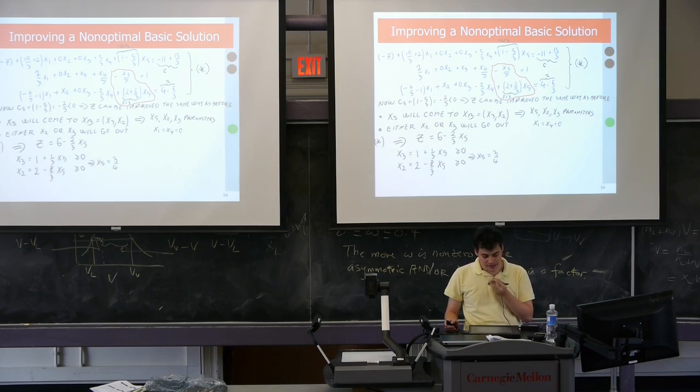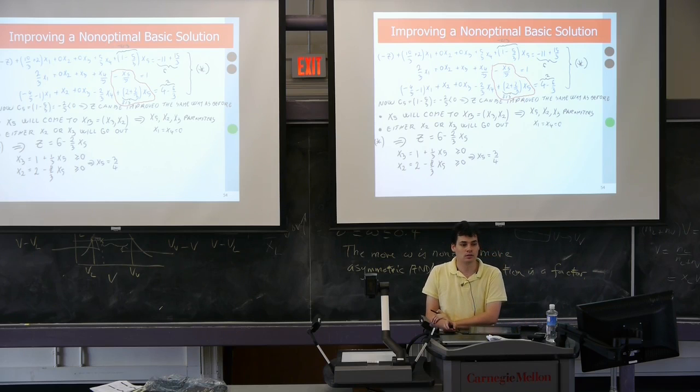And there's another lesson here. Imagine that in this column, all the coefficients were positive. Then what would have happened? Yeah, then we could get minus infinity for z, right?